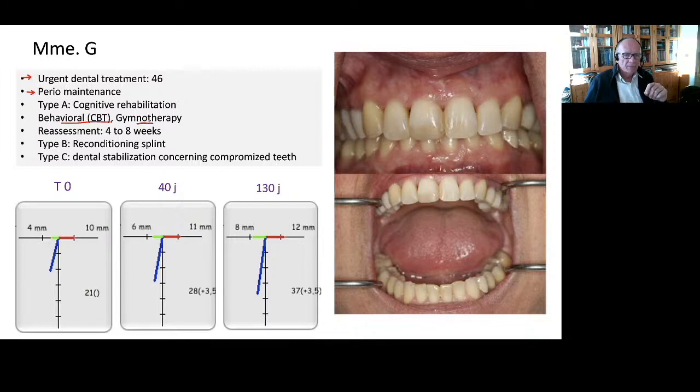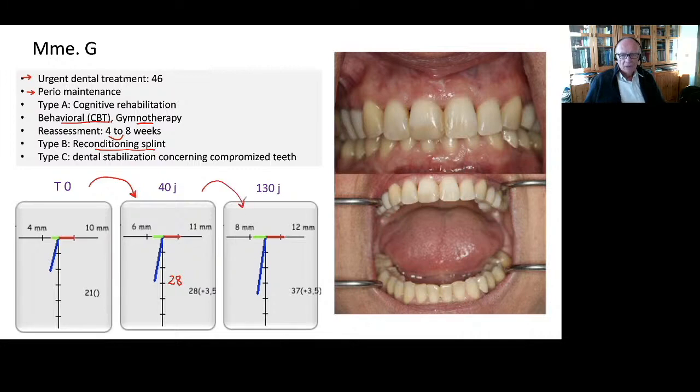Gymnotherapy, reassessment after 40 days. After gymnotherapy and cognitive behavioral therapy, opening is 28. Splint, reconditioning splint.